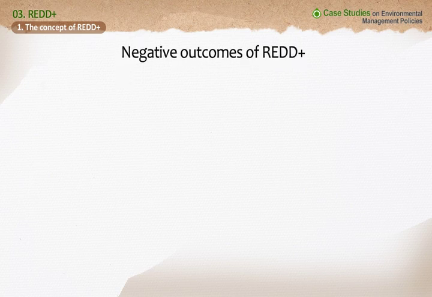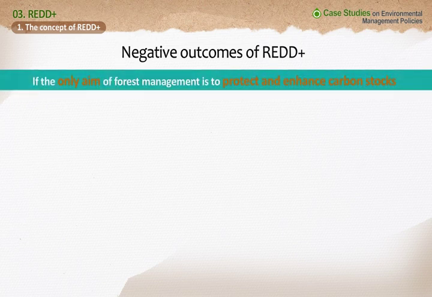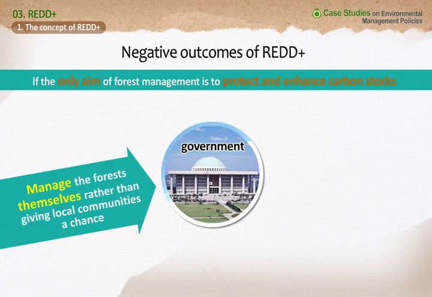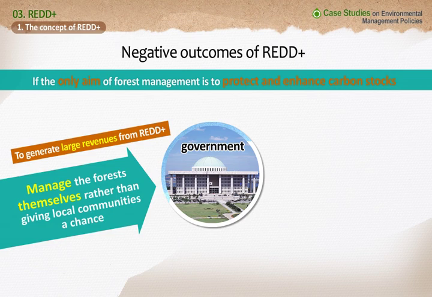However, concerns were raised that REDD+ could also have some negative outcomes if the only aim of forest management is to protect and enhance their carbon stocks. For example, governments might decide that rather than giving local communities a chance to manage forests, they will manage the forests themselves to generate large revenues from REDD+.